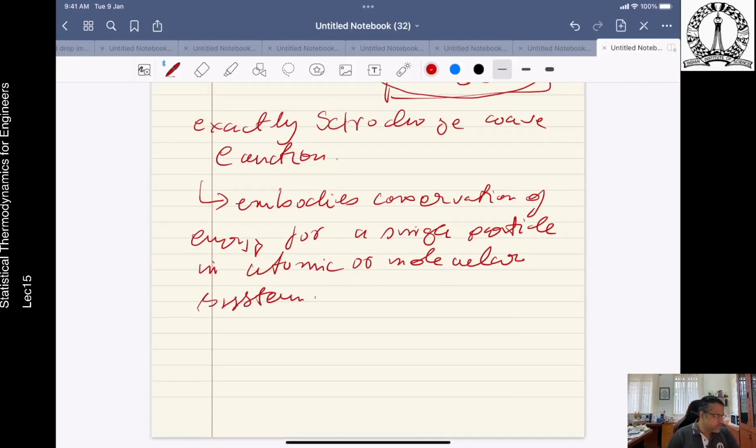This is one of the most illuminating parts, how the Schrödinger's wave equation can be cast, and how it embodies conservation of energy.